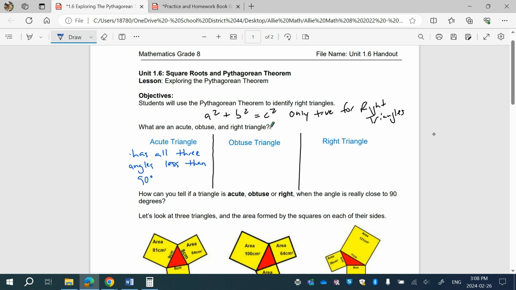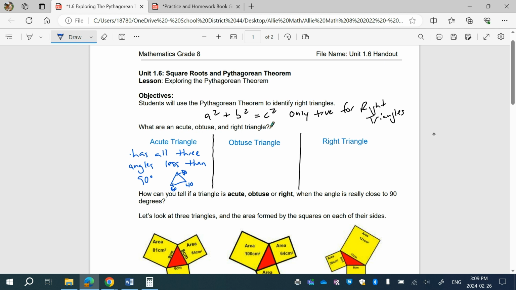So we have a triangle like this. The degrees inside a triangle always add up to 180 degrees. And it could mean that this angle here is 60, and this is 40, and this is 80. So all of them are less than 90 degrees, and that would be an acute triangle.